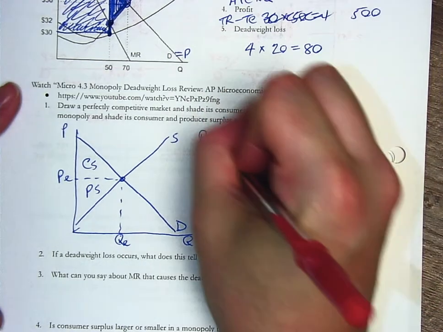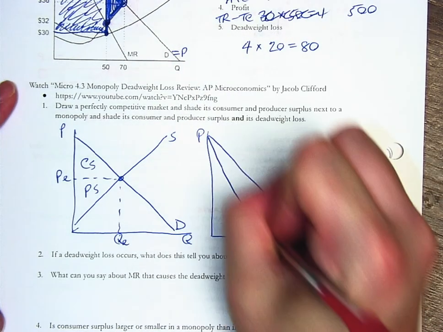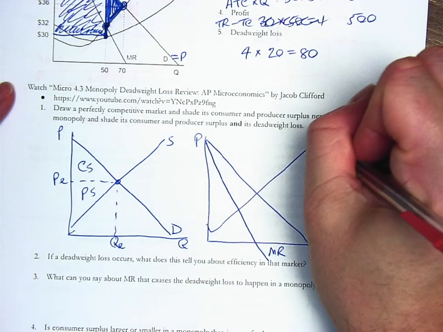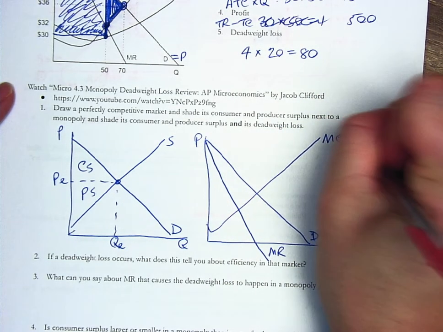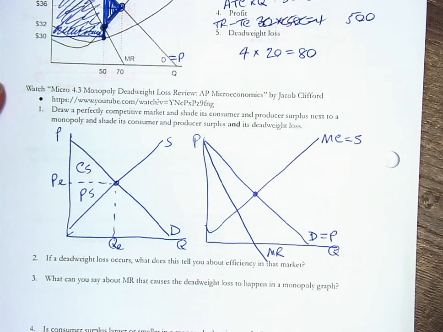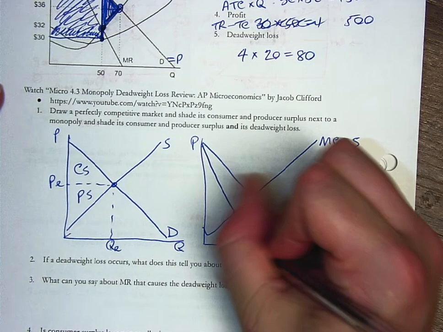For a monopoly, we have a downward sloping demand curve that tells us the price, but we also have a marginal revenue curve. And then we have an upward sloping marginal cost curve that's effectively the supply curve. Now we would think that they're going to produce here where supply equals demand, but they don't. Remember, they profit maximize at MR equals MC.